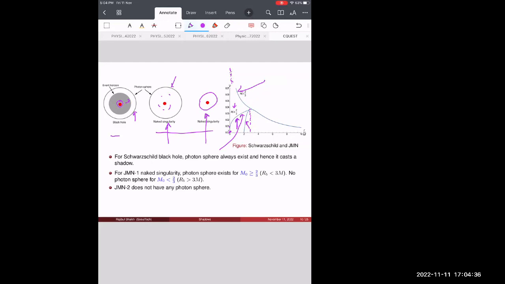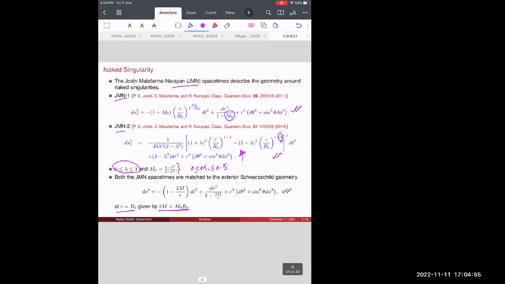Excuse me? Yes. I want to hear some motivation for this JMN naked singularity. Are they some solution to Einstein equations or some modified gravity? No, to Einstein equations. If you go through these papers, they have shown that this space-time can be formed as an end state of gravitational collapse of some fluid in general relativity, and let me write down the equation of state of the fluid.